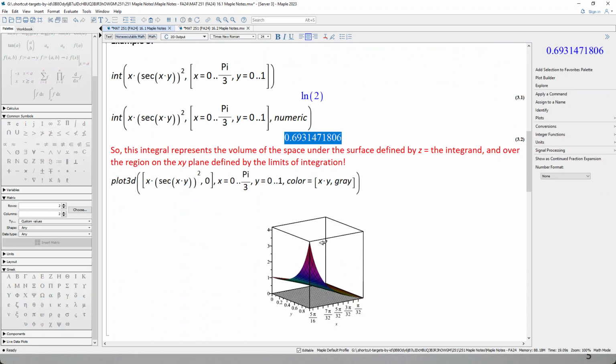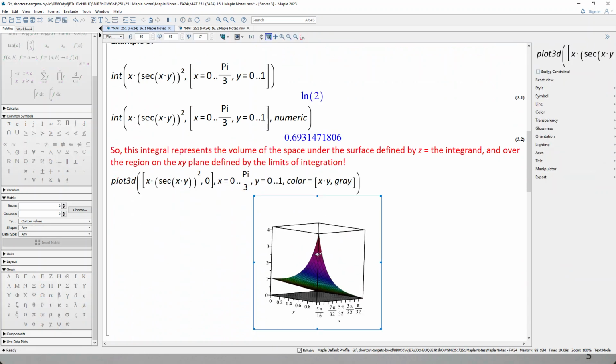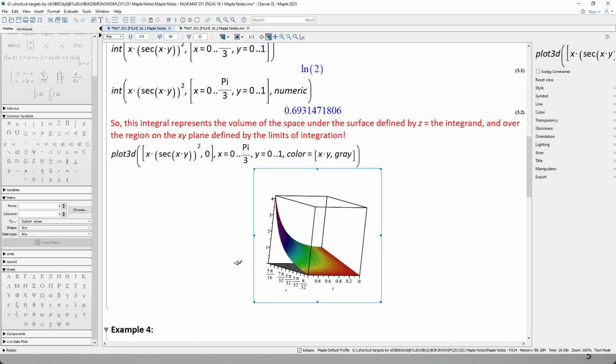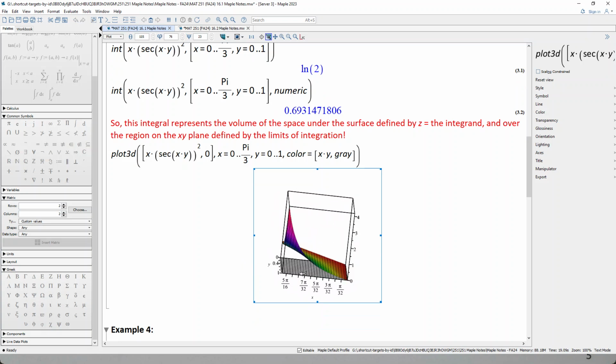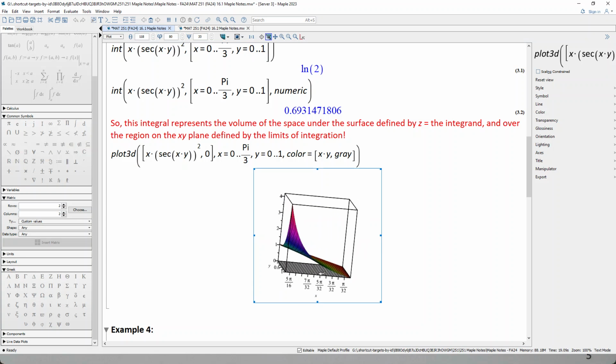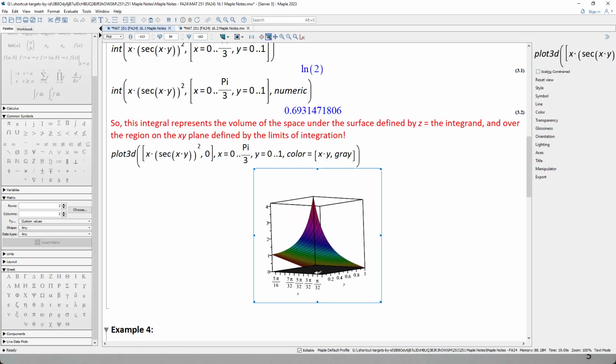And if you're interested in a picture of what's going on, this is what's happening. So we have this three-dimensional surface. This rainbow surface is the x squared, or excuse me, the x times the secant squared of xy. And therefore, what we're finding is the volume between the xy plane, that section of the xy plane, and that surface.